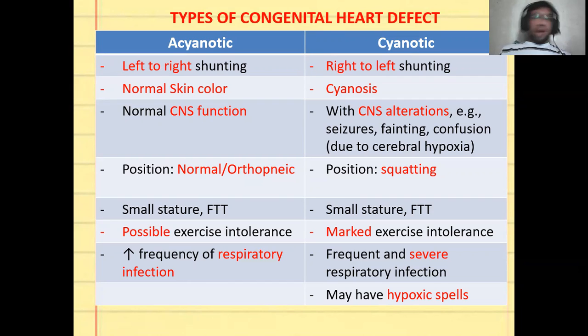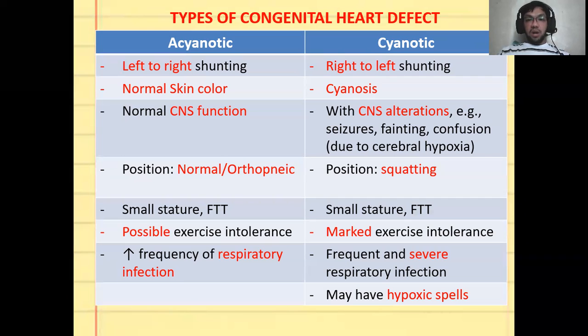Now, since it is bypassed, the patient who has a cyanotic heart disease appears cyanotic. They are blue in color because the blood of infants with cyanotic heart disease did not collect oxygen from the lungs. It bypassed it due to this right to left shunting.